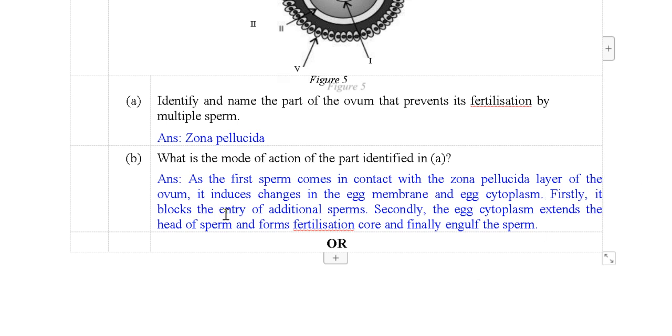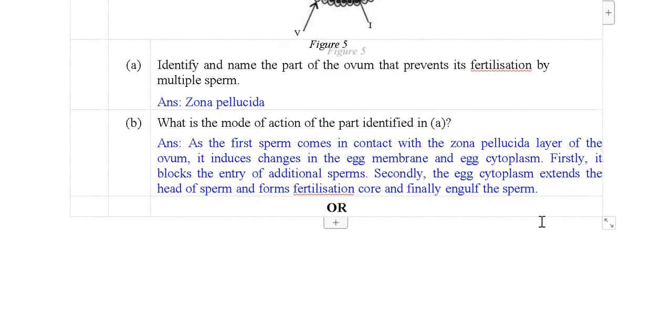Firstly, it blocks the entry of additional sperm, and secondly, the egg cytoplasm extends around the head of the sperm, forms the fertilization cone and finally engulfs the sperm. This way the zona pellucida prevents the entry of extra sperm after the entry of one sperm inside the ovum. This is the mechanism of action of the zona pellucida layer.